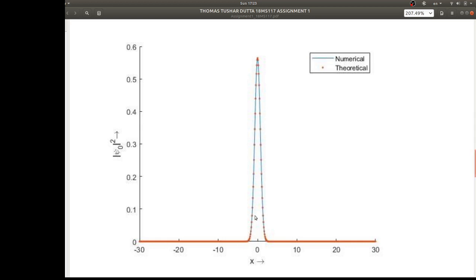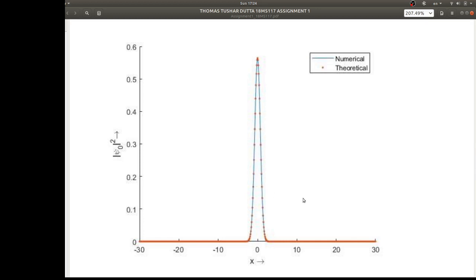So the ground state eigenfunction, mod psi naught squared, has been plotted, and you can see it is very close to the theoretically predicted value. Theoretically predicted values are given by the dots, and the numerically obtained one is the blue line.